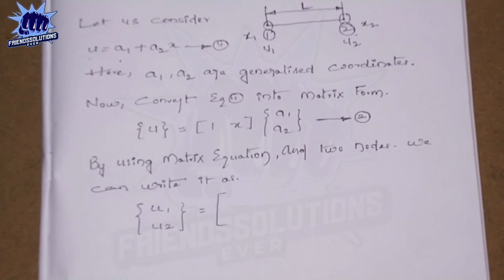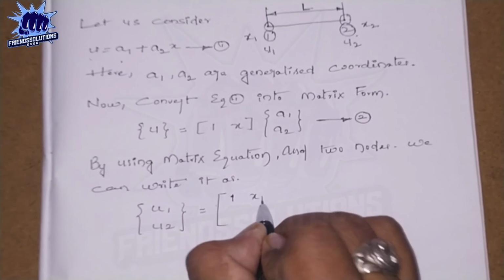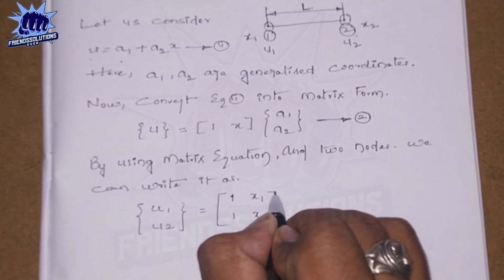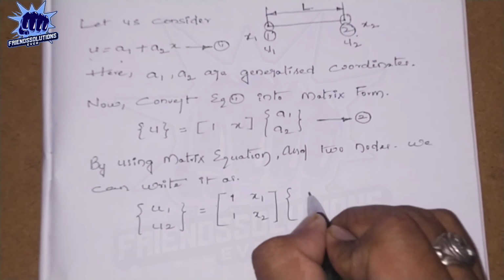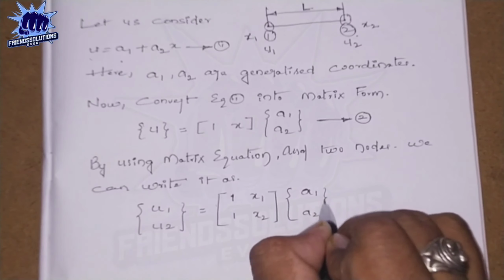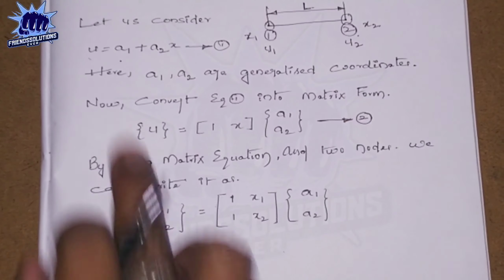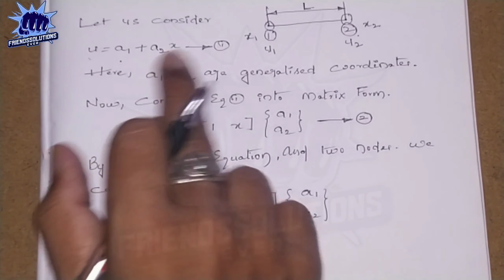Then a1, a2 never change, because in both equations we have the same a1 and a2.